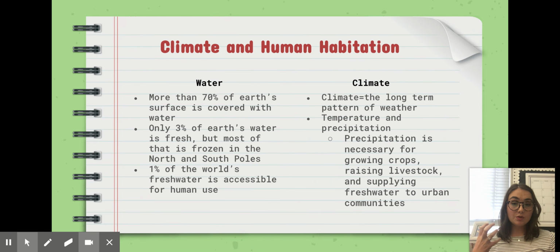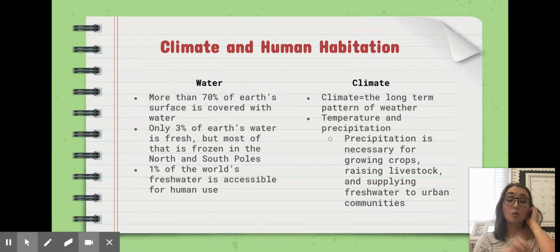So why does water and climate affect where people live, and how does it affect where people live? So water. More than 70% of Earth's surface is covered with water. However, only 3% of Earth's water is fresh, so drinkable. The rest is salt water. But most of that is frozen in the North and South Pole.